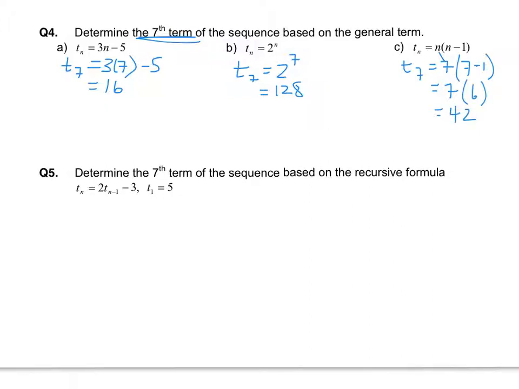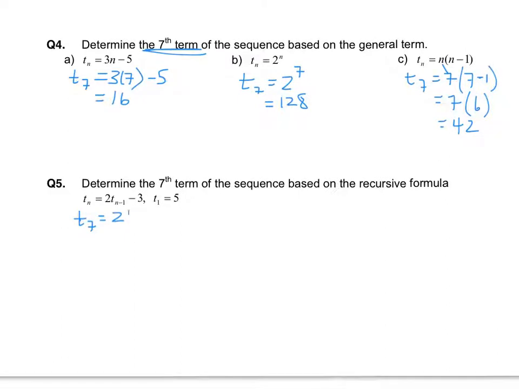All right, and question 5, determine the seventh term of the sequence based on the recursive formula. So this one is a little bit trickier. It's not quick like question 4 is, because with recursion, you've got to actually get the term before it. So if I want term 7, like what I was saying earlier, I would take 2 times term 6, n minus 1 would be term 6, and then take away 3.